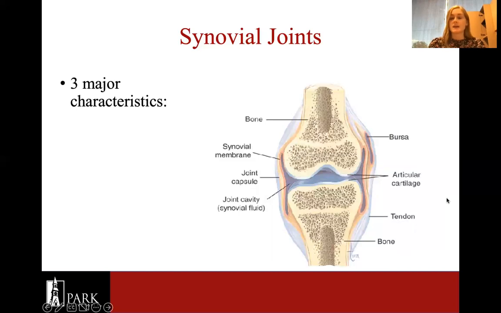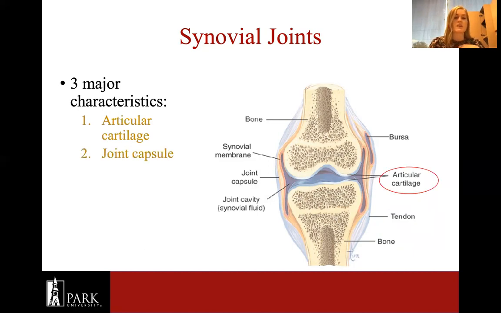The three main characteristics of your synovial joints are, first, articular cartilage: you're going to have that smooth, glossy covering on the ends of any bones that are in contact with each other. Second, a joint capsule, which is this orange color that you see on the screen.